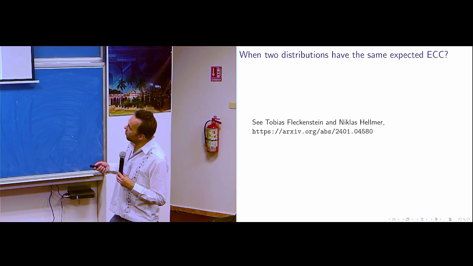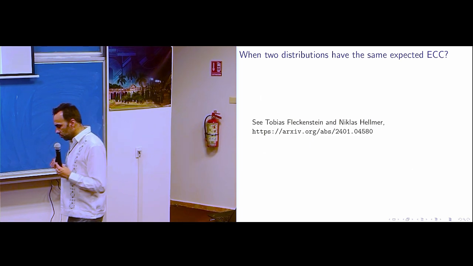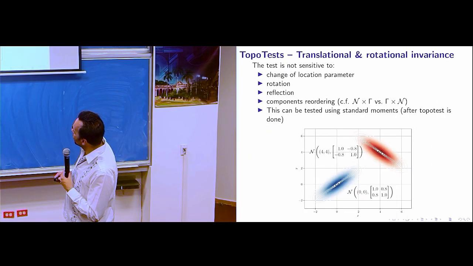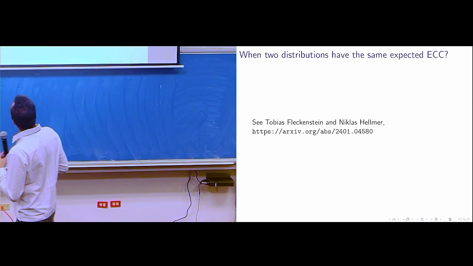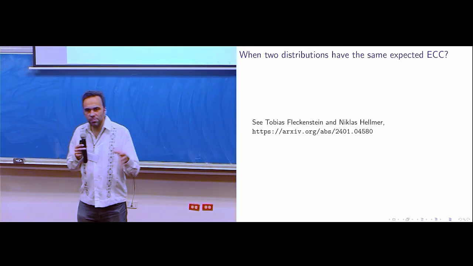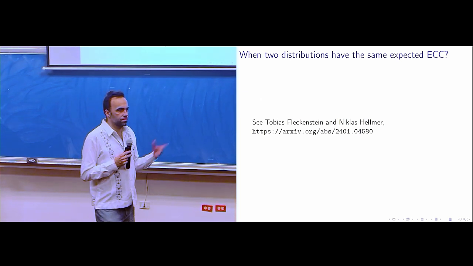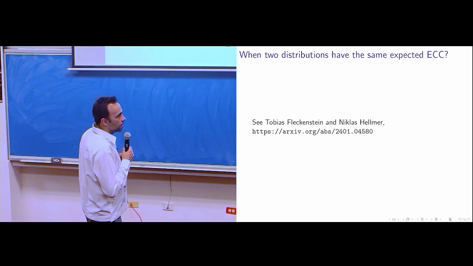So one thing to be aware of, we are comparing Euler characteristic curves, not the cumulative distribution function, which is kind of what I discussed over here. Method may be blind to some things, but there's a natural question. I mean, which types of distribution do we even have a chance to tell apart? There's actually a very nice result by Niklas, my PhD student, almost actually defended.